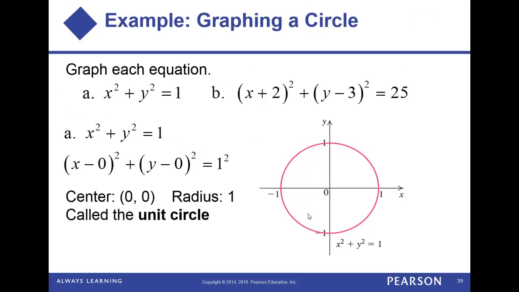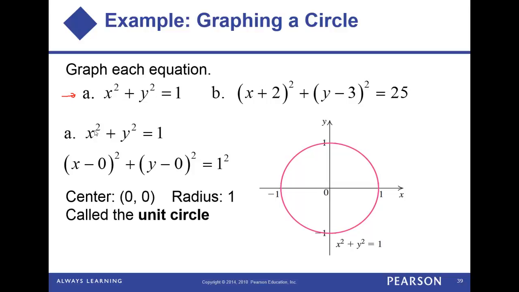Alright, so let's go the other way. Let's graph these. This is example 10. x squared plus y squared is equal to 1. This is very important. Those of you that did trigonometry, I'm sure you realize it already. This is called a unit circle.